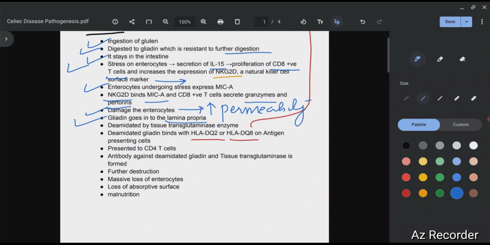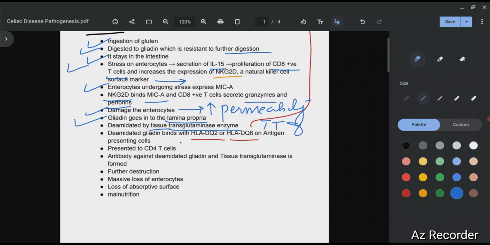Initially, your enterocytes were not allowing gliadin to go into the lamina propria. Now there is no enterocyte, and now gliadin is able to go into the lamina propria, where it is converted into deamidated gliadin by tissue transglutaminase enzyme, TTG. Okay. Now, deamidated gliadin binds with HLA-DQ2 or HLA-DQ8 on antigen-presenting cells.